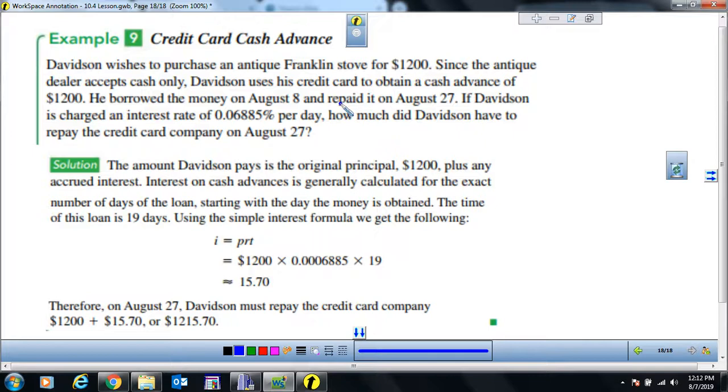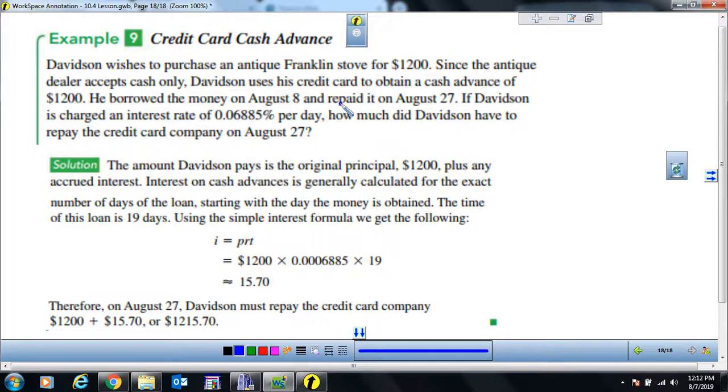So Davidson wishes to purchase an antique Franklin stove for $1,200. Since the antique dealer accepts cash only, Davidson uses his credit card to obtain a cash advance of $1,200. He borrowed the money on August 8th and repaid it on August 27th. If Davidson is charged an interest rate of that percentage you see there per day, how much did Davidson have to repay the credit card company on August 27th?